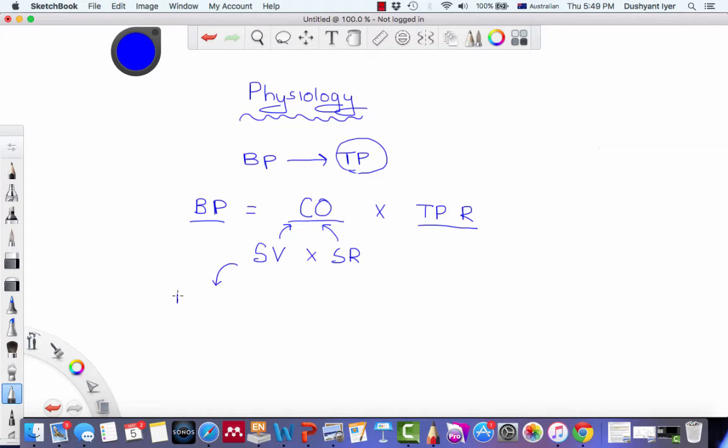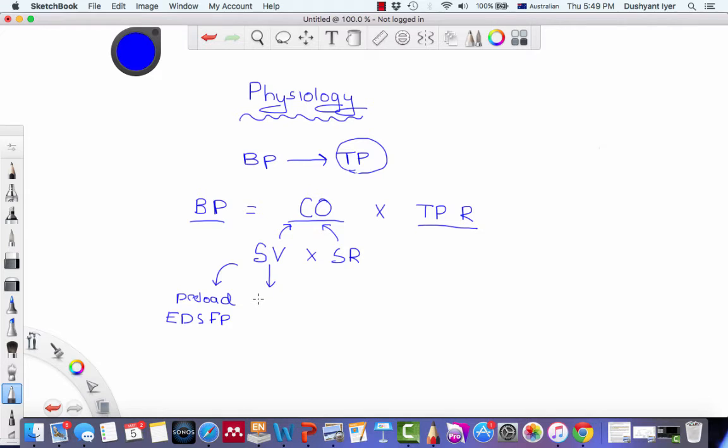The first is your preload. That is essentially the amount of blood that is filling the left ventricle at the end of diastole, or the end diastolic filling pressure. So the more blood you have at the end of diastole, the more blood that can be pumped out when you have systole.